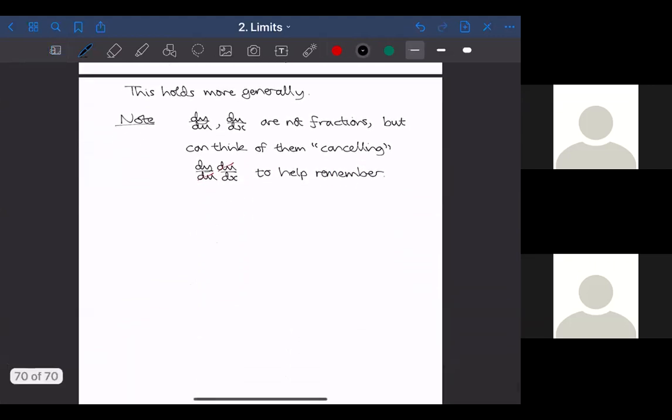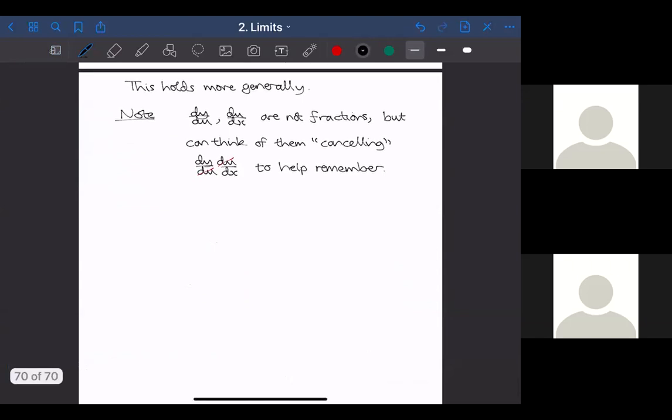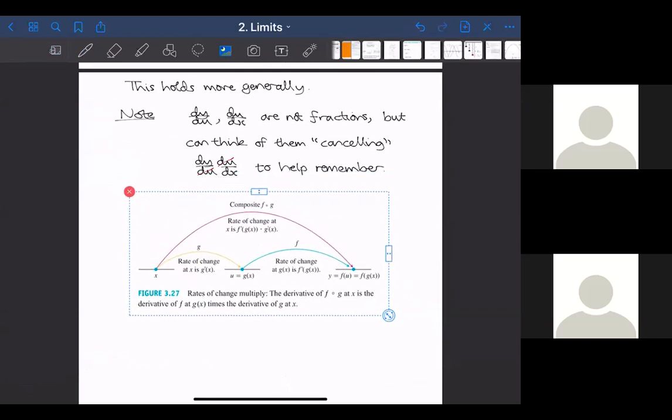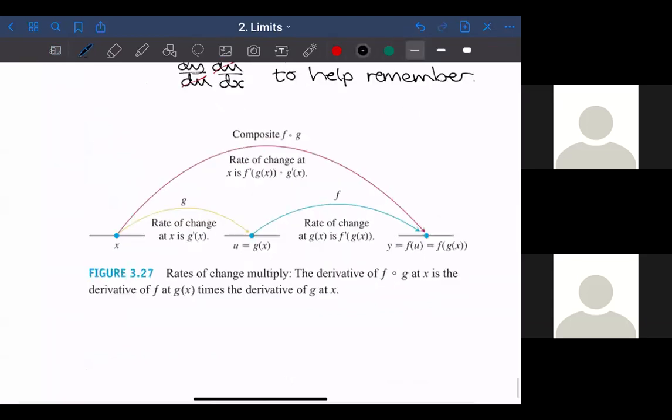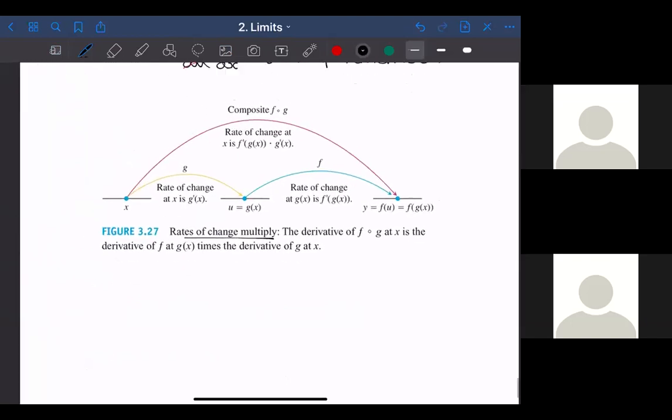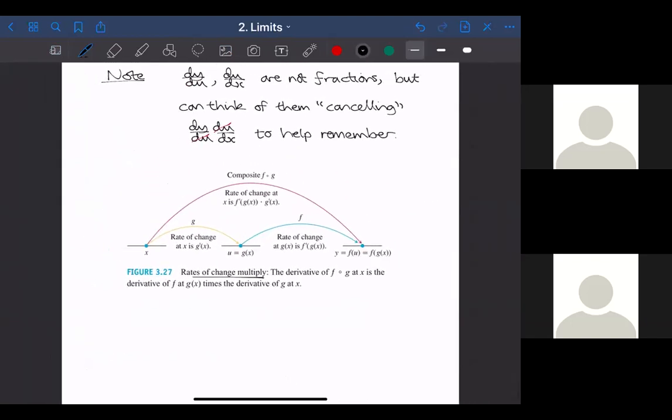Okay, so what is the formula? And there's a picture here. So in short, rates of change multiply. The derivative of the composition at x is the derivative of f at g of x times the derivative of g at x.